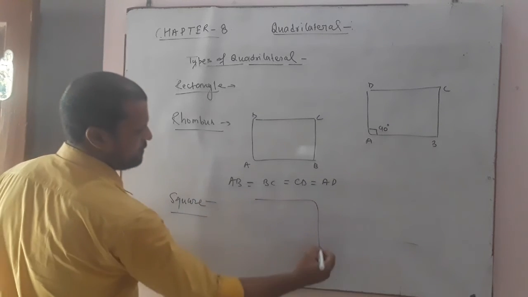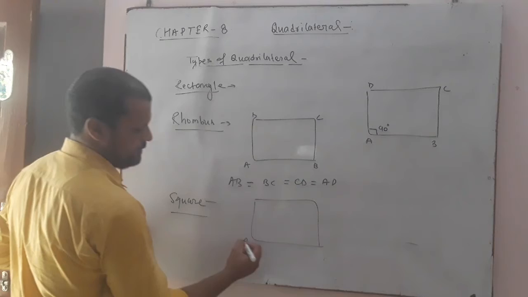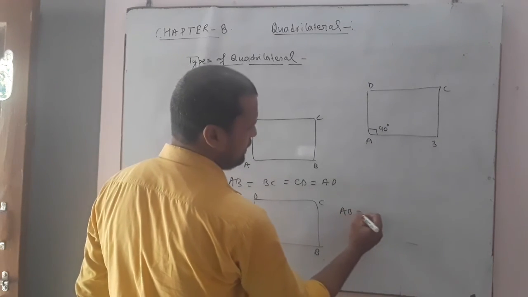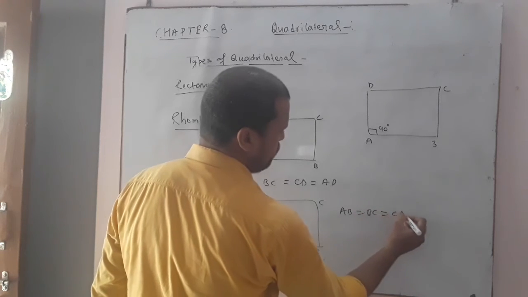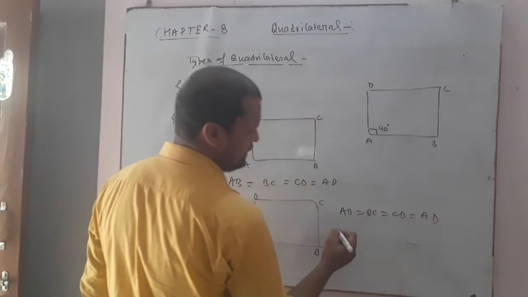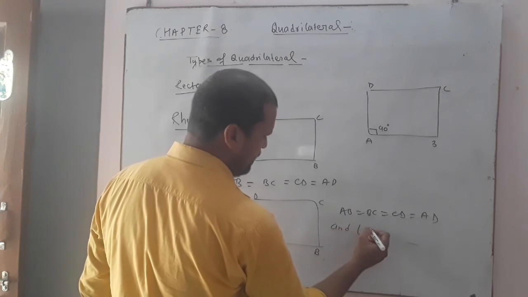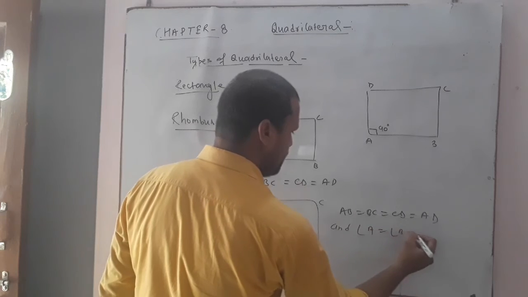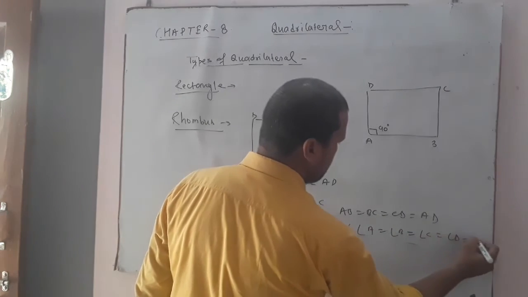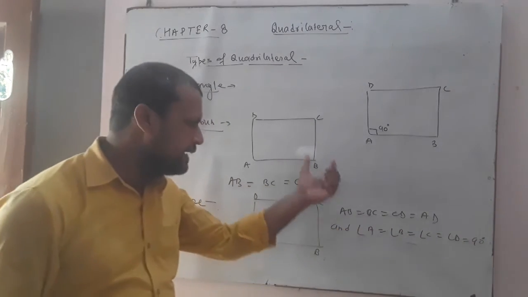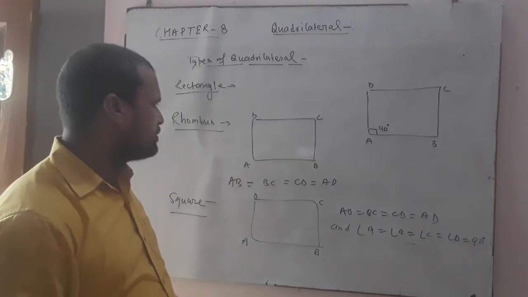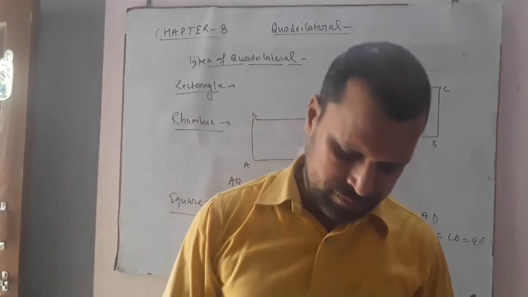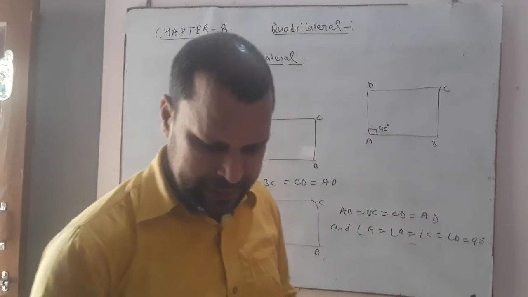Square ABCD: AB equals BC equals CD equals AD and angle A equals angle B equals angle C equals angle D equals 90 degrees. But in a rhombus, only the four sides are equal.